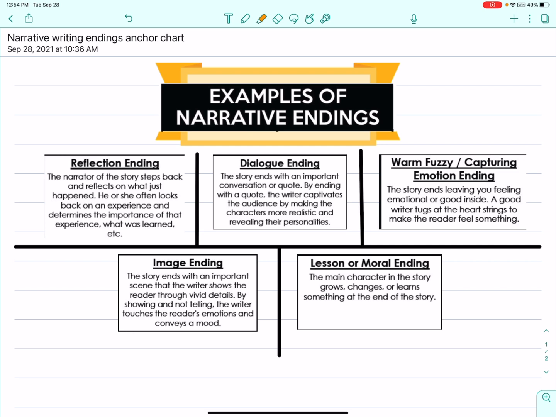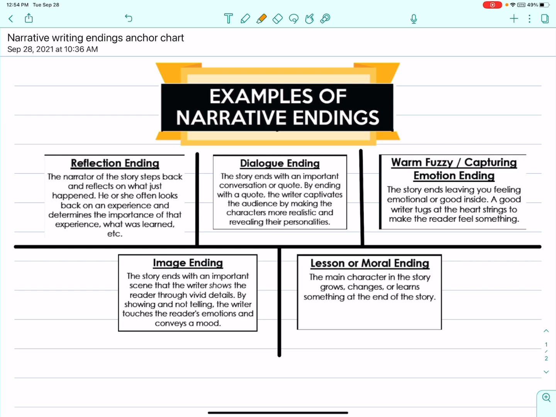So today we're going to walk through each of them. And then as we do that, I want you to really think how each of these endings could possibly go in your story. That's going to help you with the later work that you will do on your own.